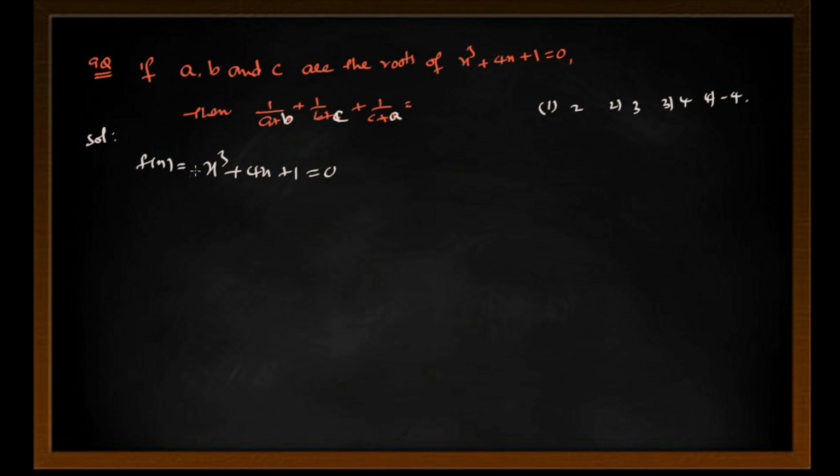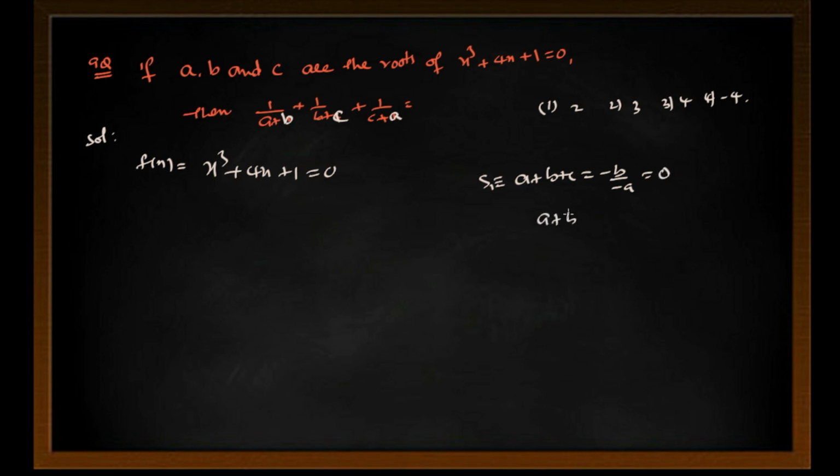Next question is, if a, b and c are the roots of the equation, then find the value of 1 by a plus b plus 1 by b plus c plus 1 by c plus a. First of all, given equation is here, a, b, c are the roots. So sum of the roots s1 equals to a plus b plus c, formula is minus b by a. But here x square coefficient is not there, so 0.